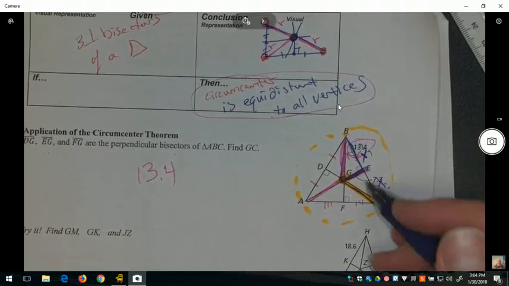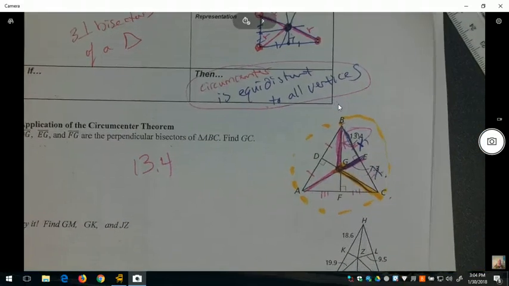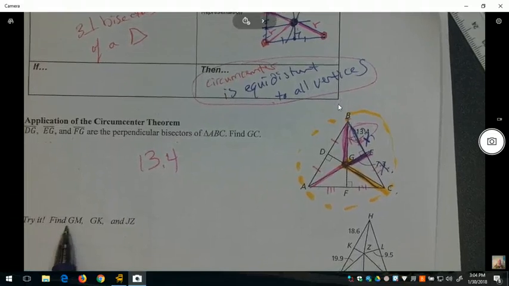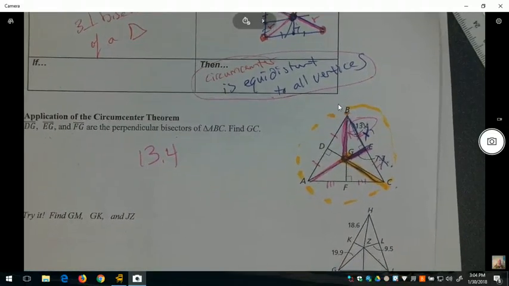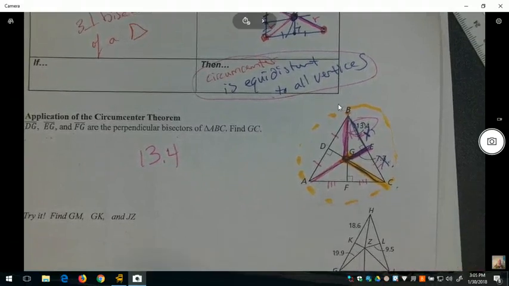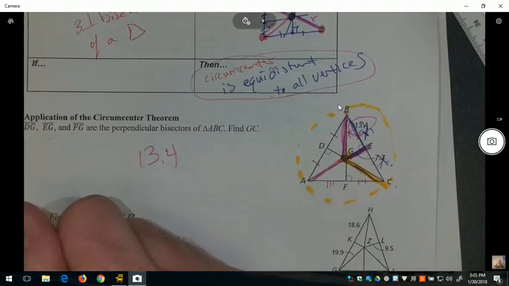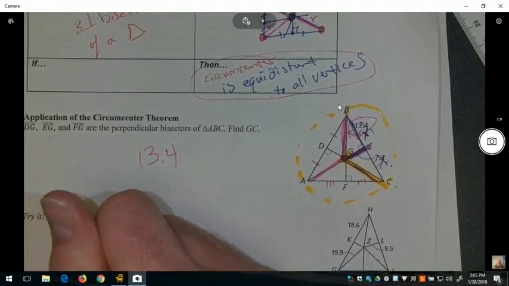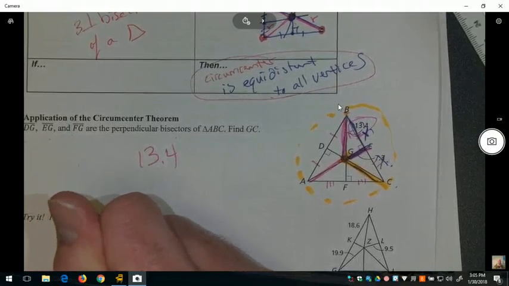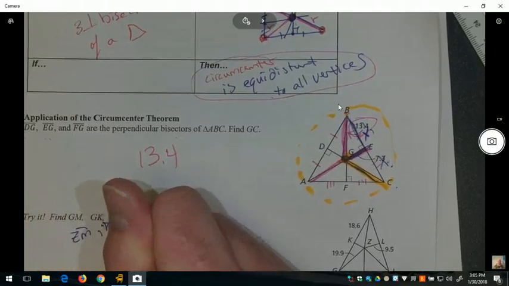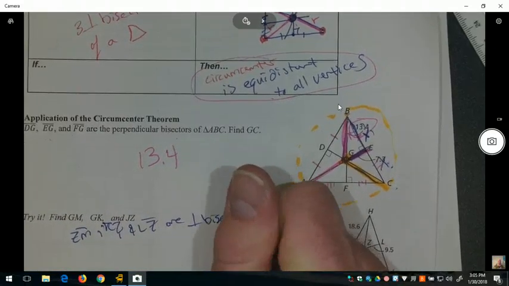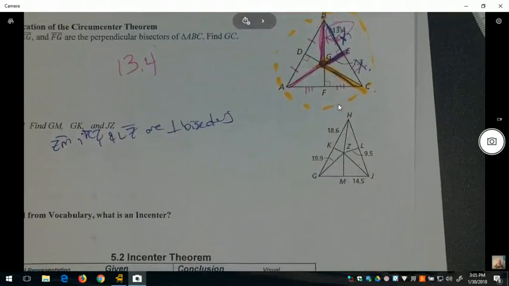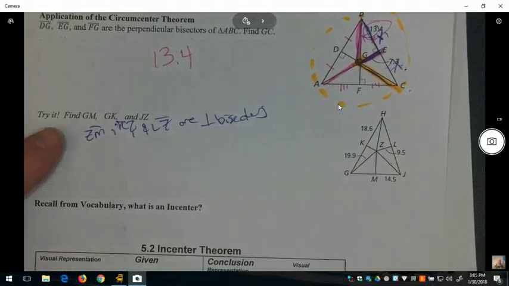So I could find the full length from B to C. I'm going to ask you to try to find GM, GK, and JZ in this triangle, knowing that ZM, KZ, and LZ are perpendicular bisectors. So take a moment to pause the video and see if you can find those distances.